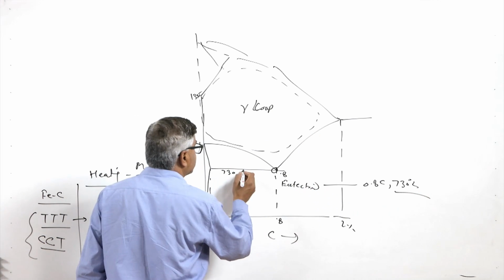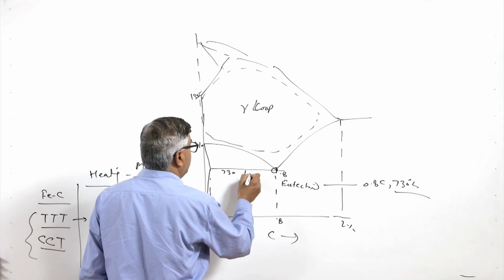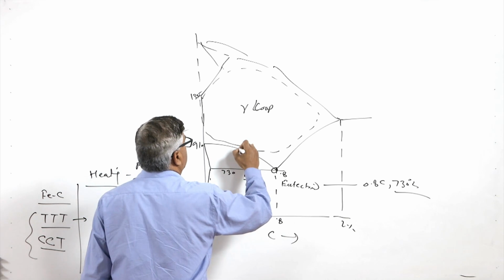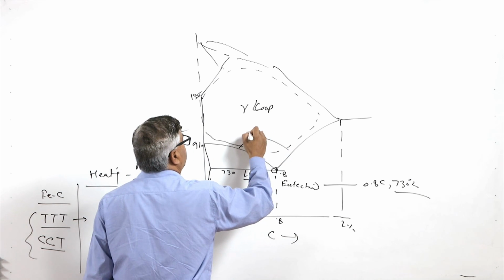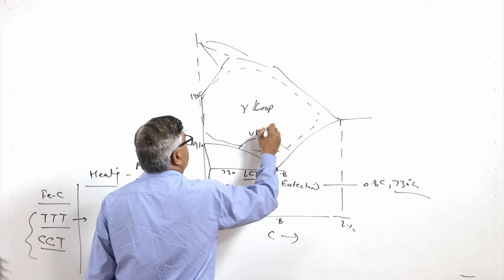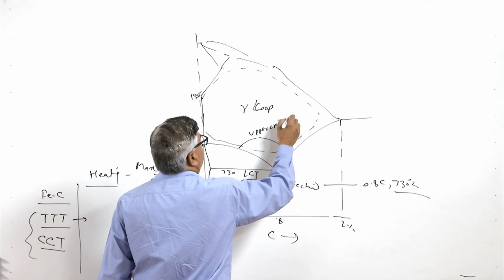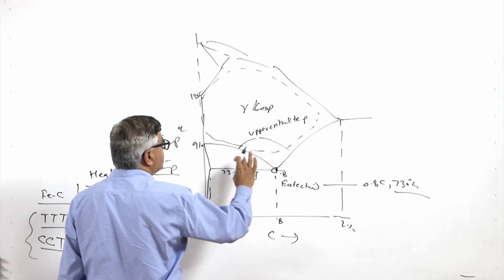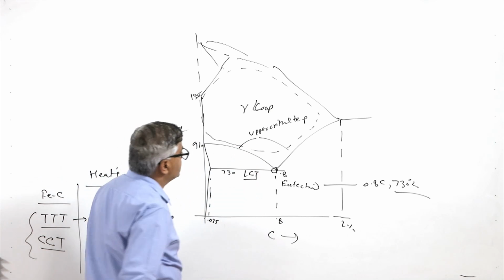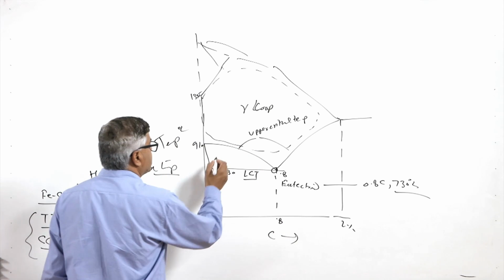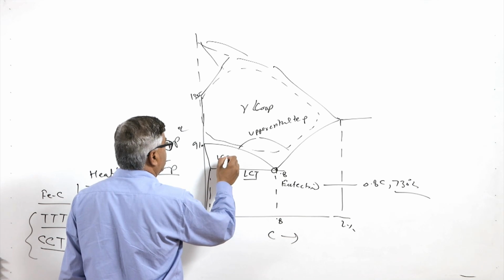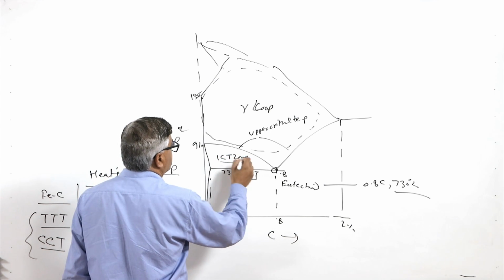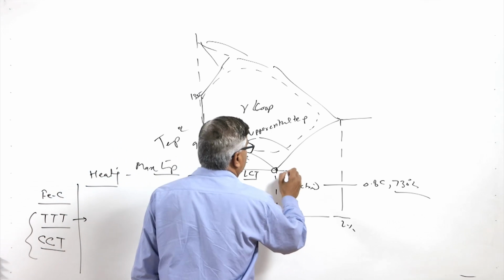This line is called the lower critical temperature line, and these are the upper critical temperature lines, and the region between the lower critical temperature and upper critical temperature lines is called the intercritical temperature zone or region. So all this region is the intercritical temperature zone.